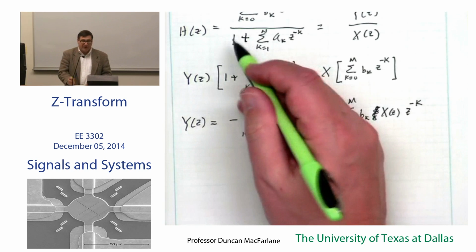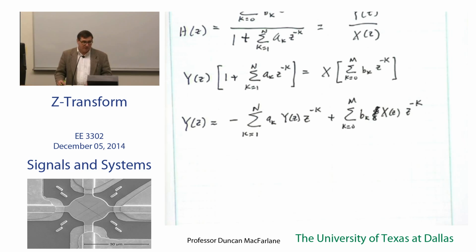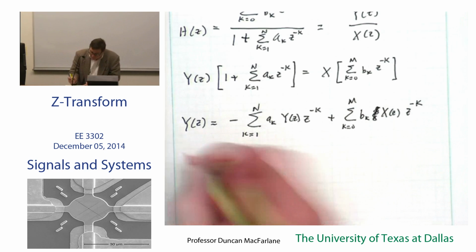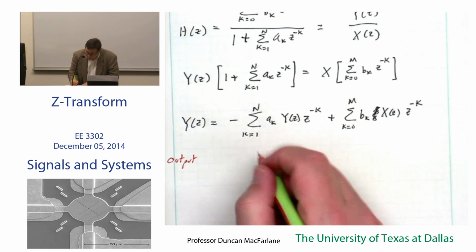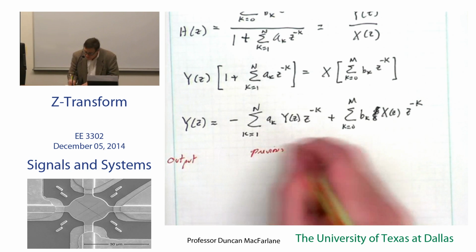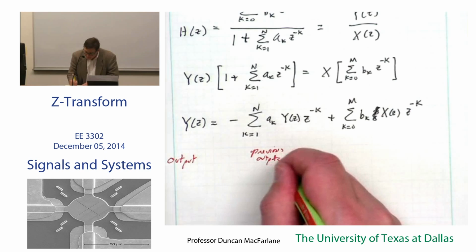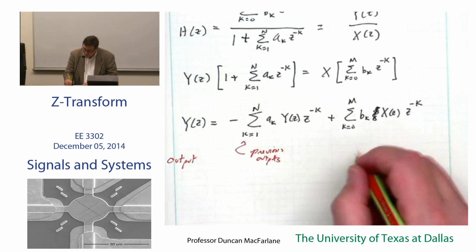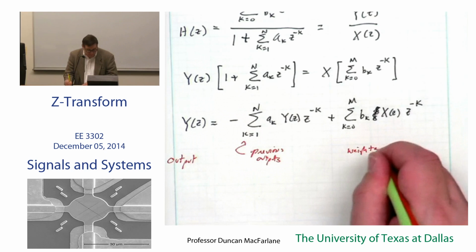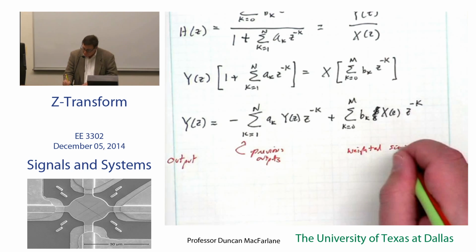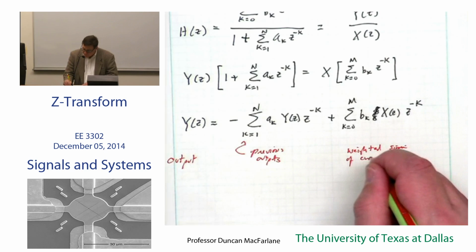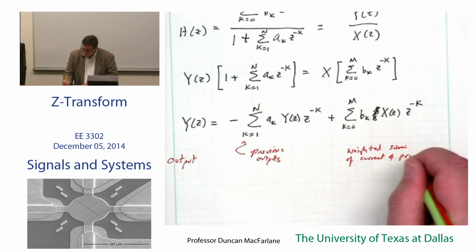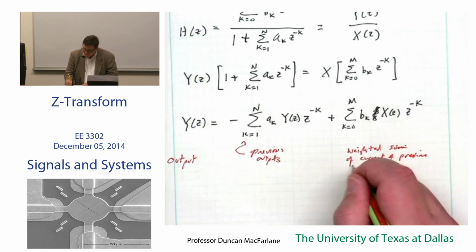I'm making use of that 1 that I mentioned just a moment ago. Just to remind us, this is the output of the device for a given input, and this is the previous outputs. And this is the weighted sum of current and previous inputs.